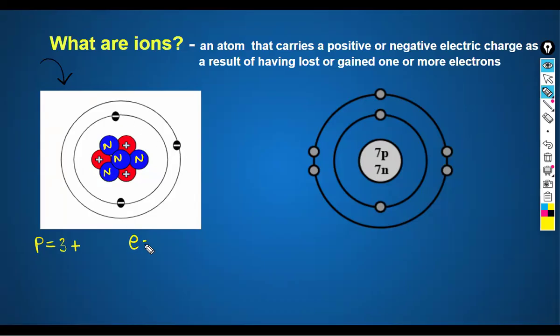So the amount of electrons is also 3. I really don't care about the neutrons right now for this explanation. You all remember in maths, positive cancels out negative. Like if you have positive 2 and negative 2, you'll get 0. Since you have 3 positive and 3 negative, all the positive will cancel out all the negative.